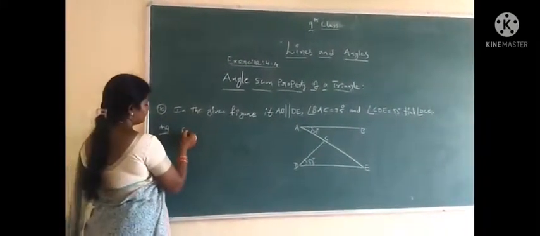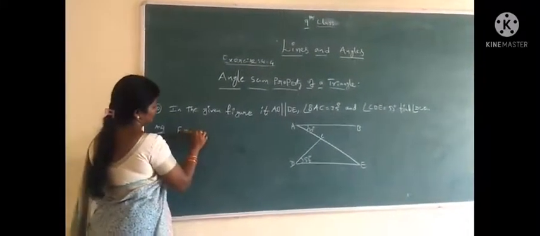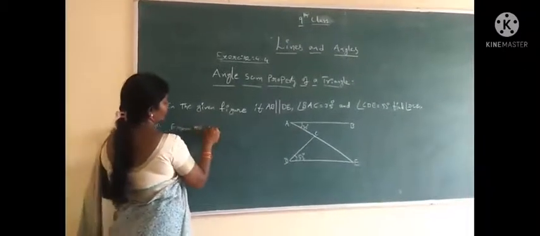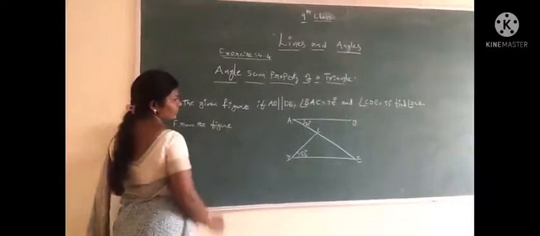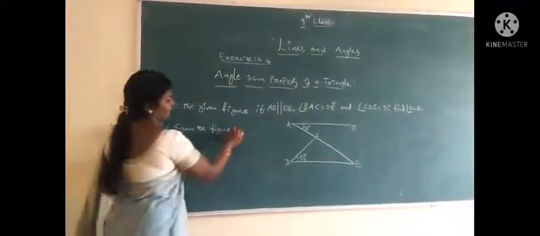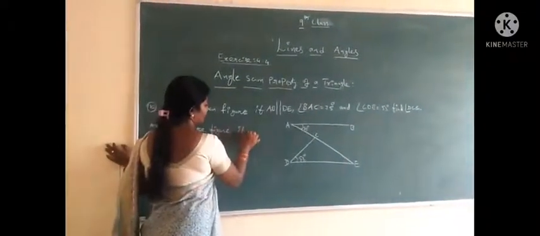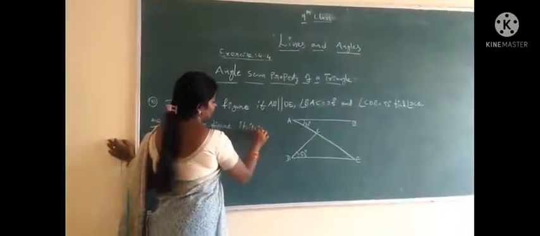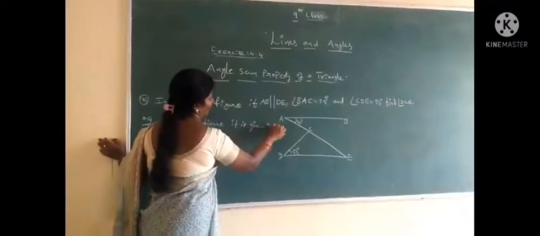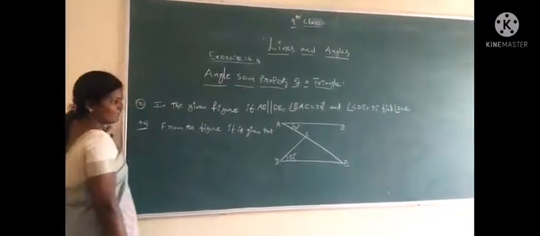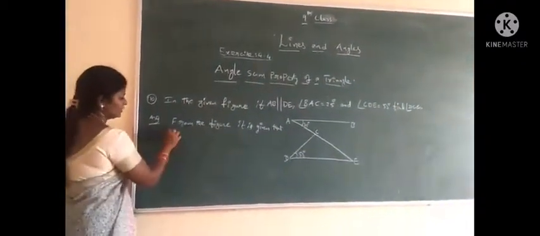From the figure, it is given that AB and DE are parallel lines.